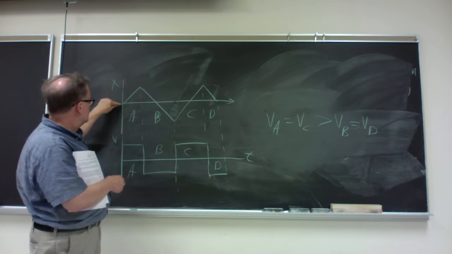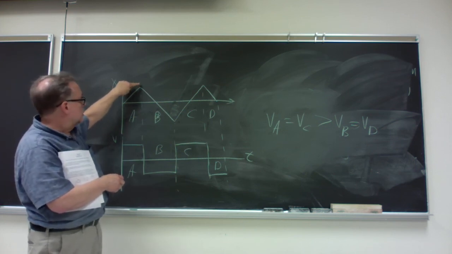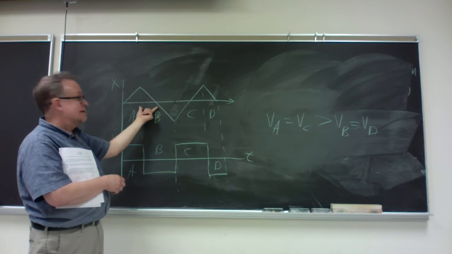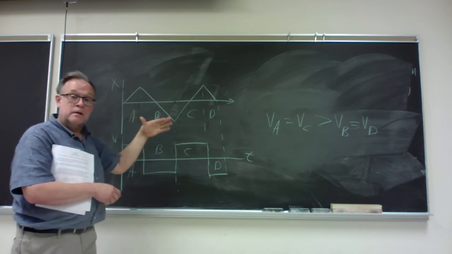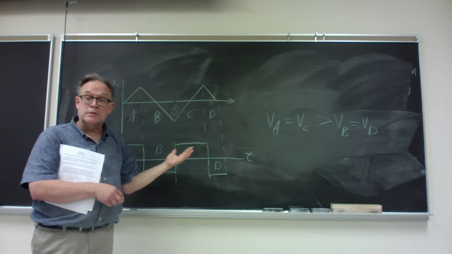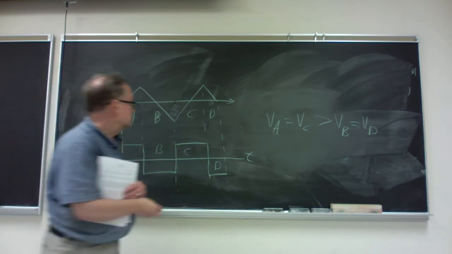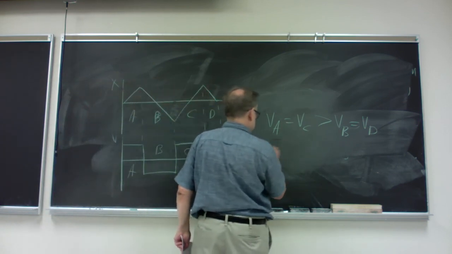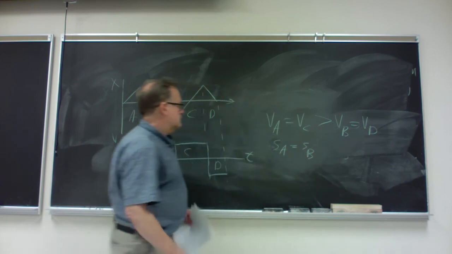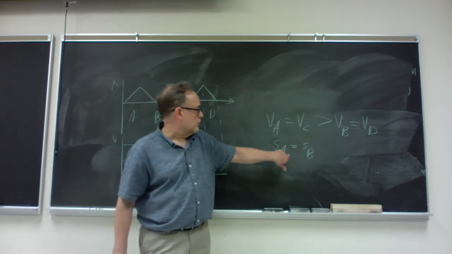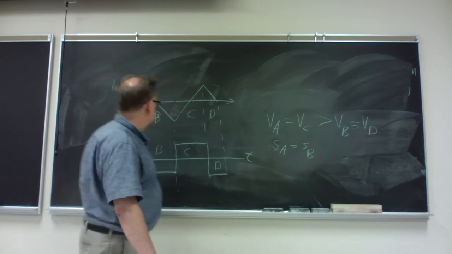Here you might have gone from 0 to 3 meters in 1 second, and here you went from 3 meters to 0 meters in the next second. So in both cases, the same distance traveled in the same time, same speed. Even though one of them corresponds to a positive velocity and the other one corresponds to a negative velocity.